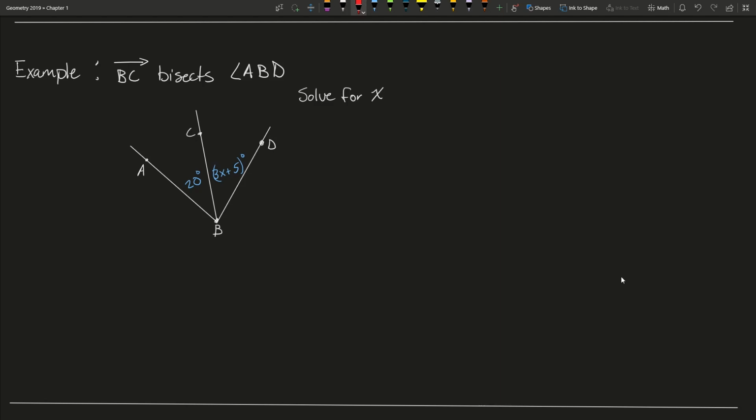So because ray BC bisects angle ABD, we know that the measure of angle ABC is equal to the measure of angle CBD. From there, we just substitute what we know. The measure of angle ABC is 20 degrees, and the measure of angle CBD is 3x plus 5 degrees.